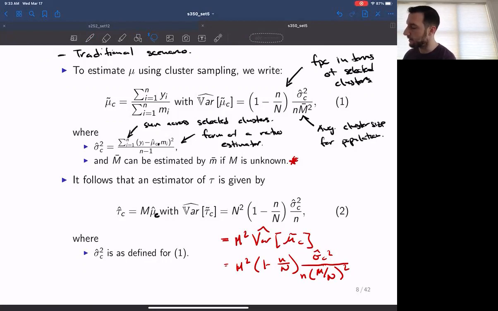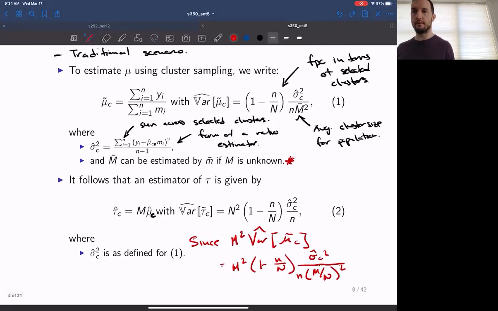And then you have little n over capital N squared, so the capital N squared comes up in front. So that's the correct form. Since this is equal to that, then that's true. Okay, cool. Any questions? Does that make sense?